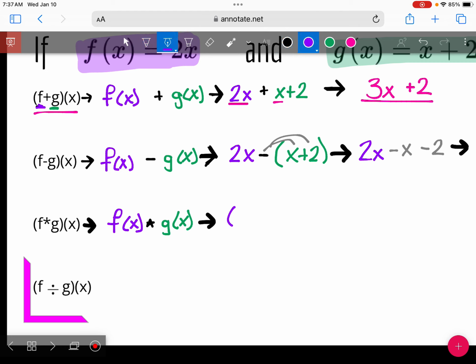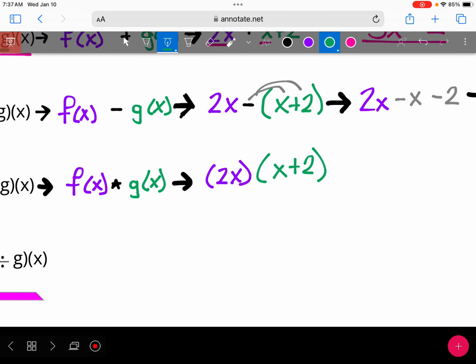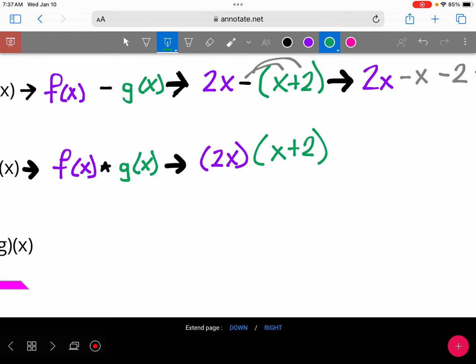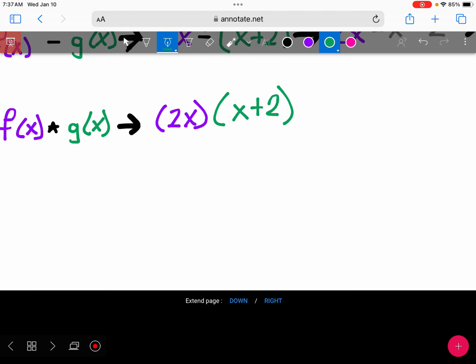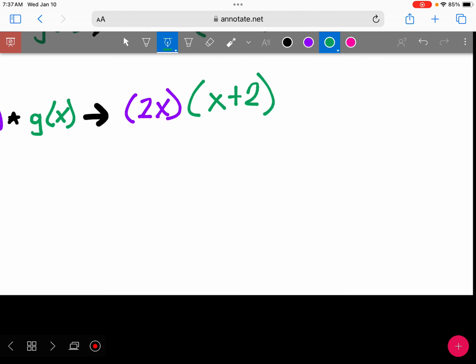So I'm going to take my 2x times x plus 2. So it's still using substitution here. We're still substituting our values in. But now it's multiplication.